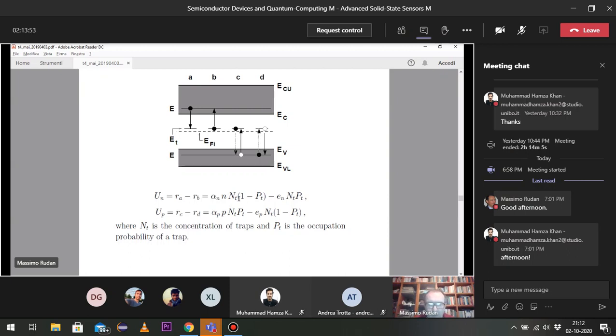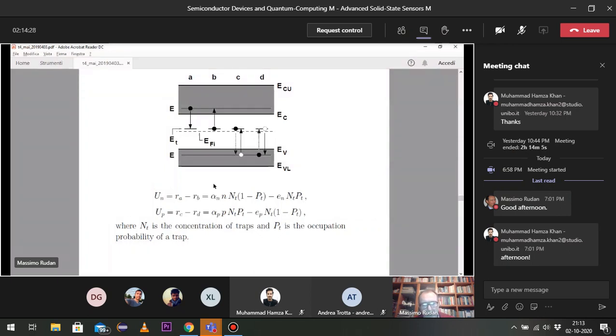So if we indicate with symbol PT the probability of occupation of the traps, then 1 minus PT is the probability that a trap is empty, okay? Multiplied by the concentration NT provides the concentration of the empty traps. And finally, we put in front of it a coefficient alpha sub n.